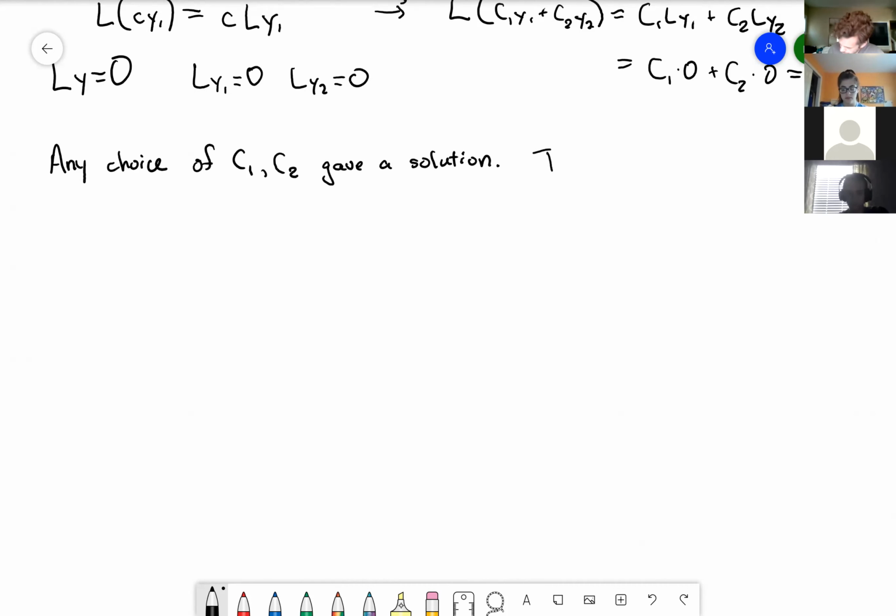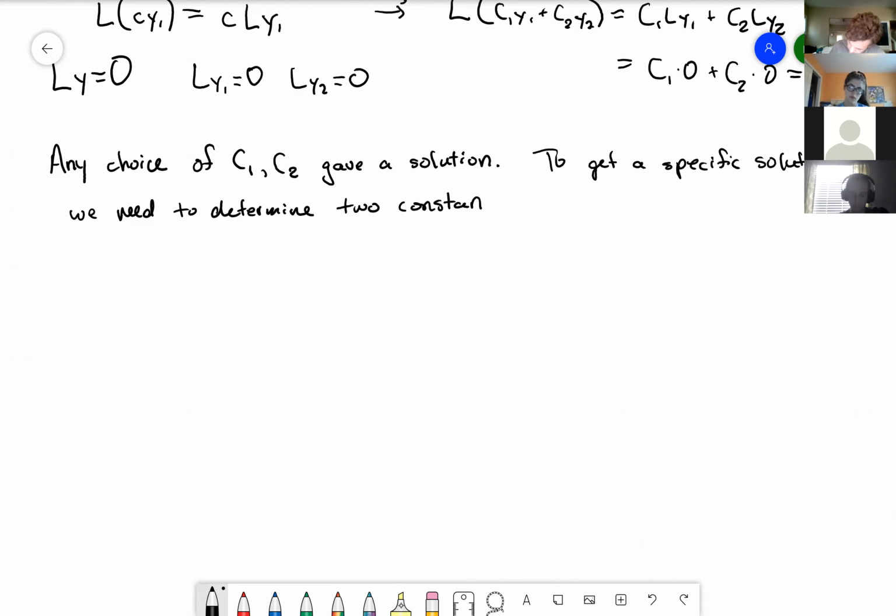And so to get a specific solution, we need to determine two constants.